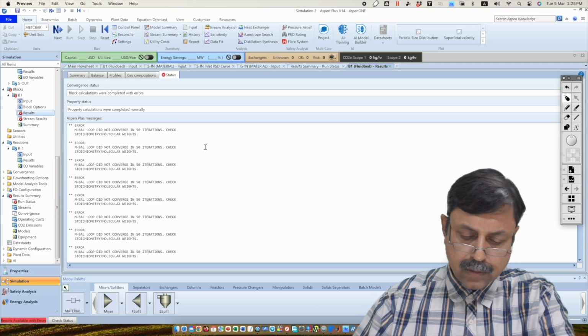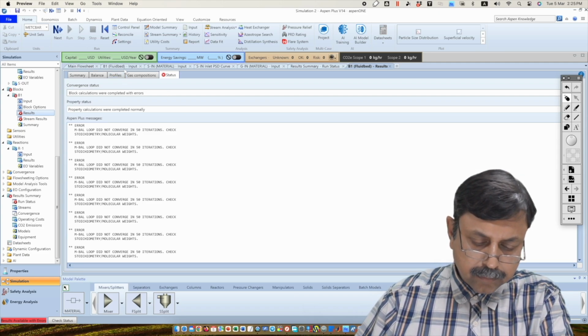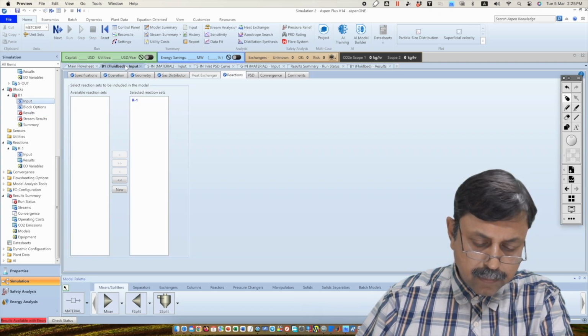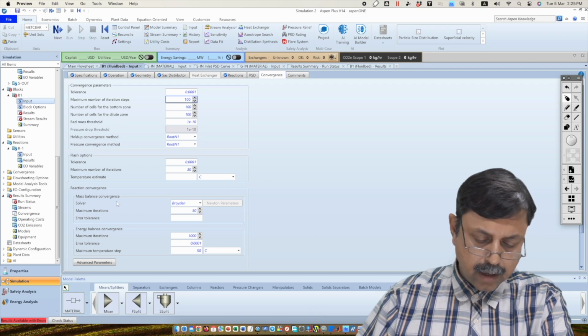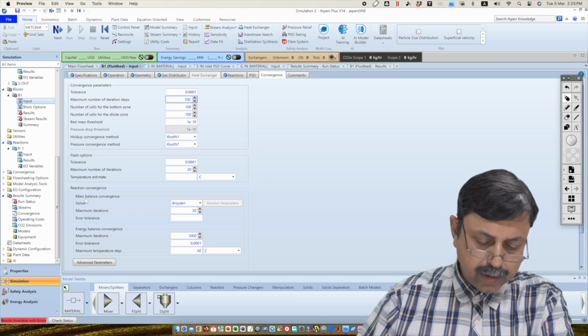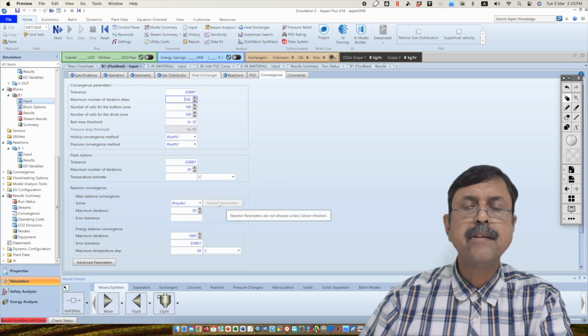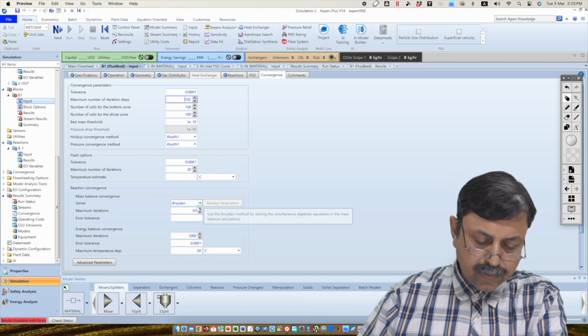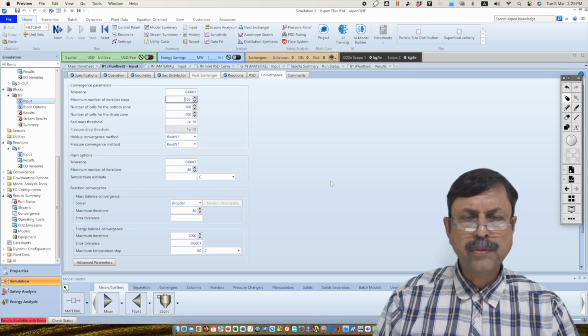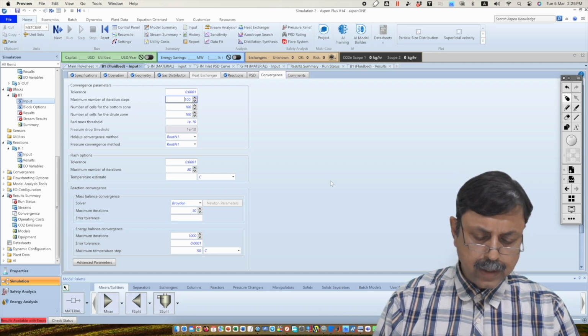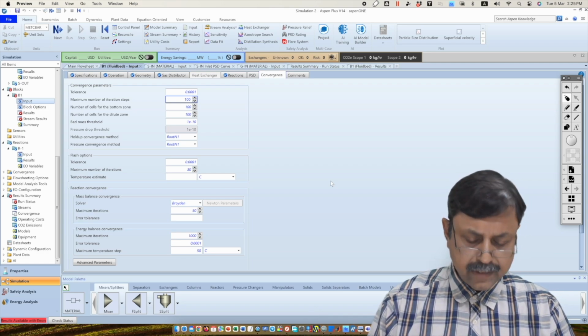So let us go back to the reaction in the fluidized bed input. In convergence, here you see the reaction convergence, mass balance convergence solver. Broyden solver is being used, and with 50 iterations it is not working. So there might be two solutions. One is you increase the error tolerance, which is not advisable.